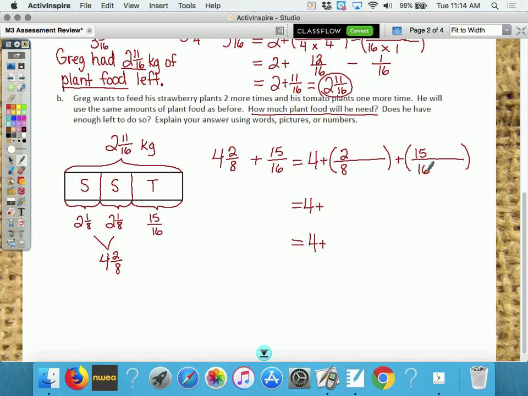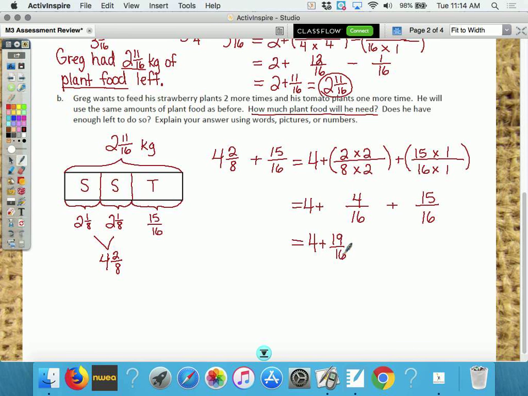What's my common denominator? Vaughn. Looks kind of familiar. Yeah. 16, yeah. So your test, remember I said you'll keep using 12. So 8 times what, Vaughn, equals 16? 2. Okay, so 2 times 2 is 4. And 16 times 1. So I've got 15 plus 4. 19. So 19/16.